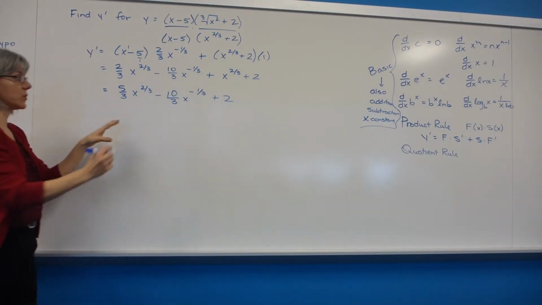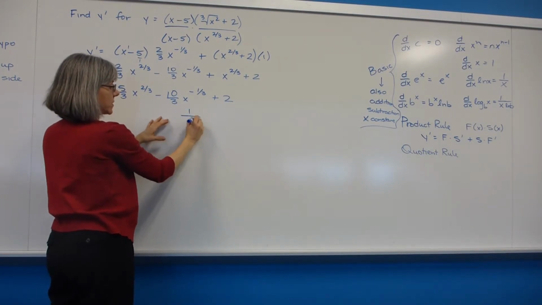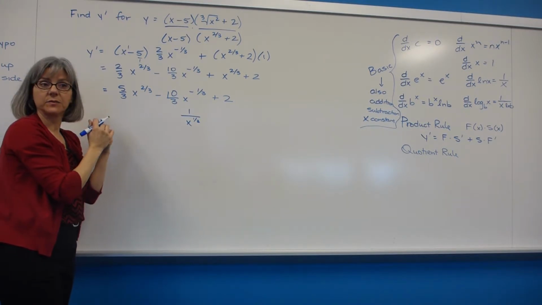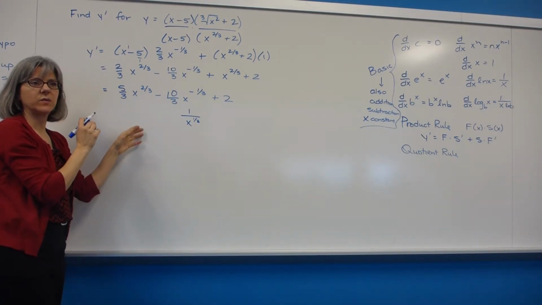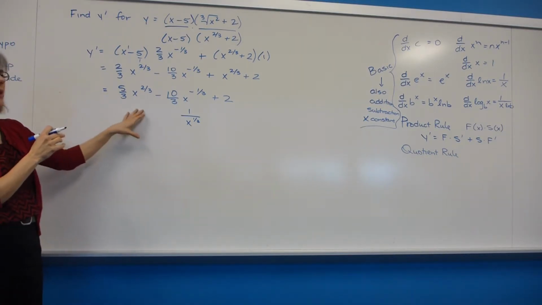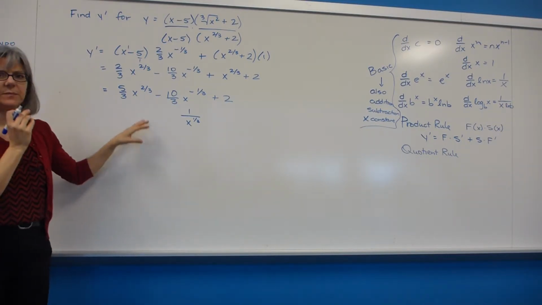The other thing that you could do, x to the minus 1/3, you can also write as 1 over x to the 1/3. There is a way to get this all over one denominator. I'm trying to think of what. We'll come back to that. If we have time, we'll come back to that. Because this is going to be a hard one to set equal to 0 the way it stands. So let's just look at that briefly.